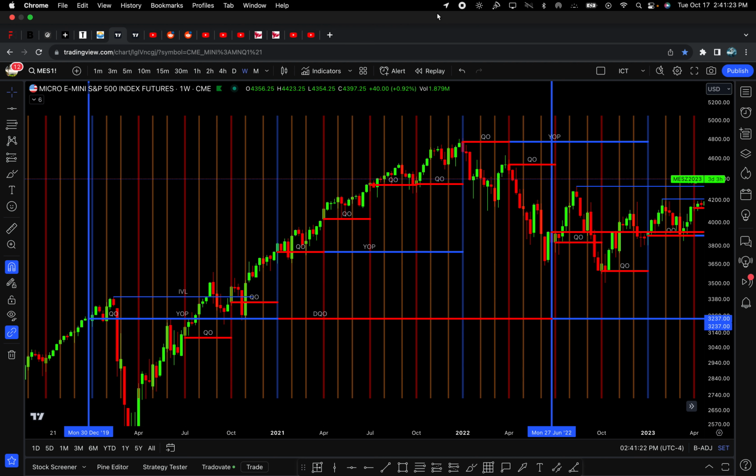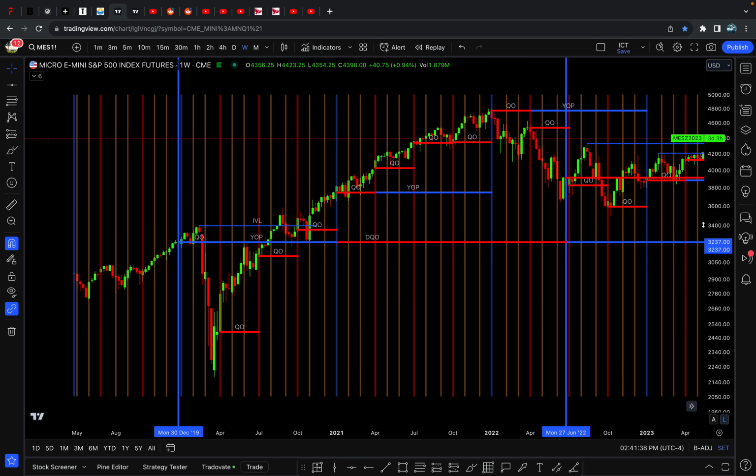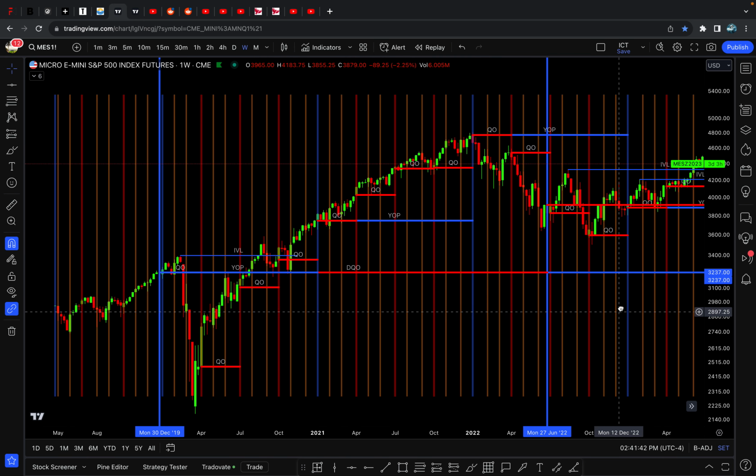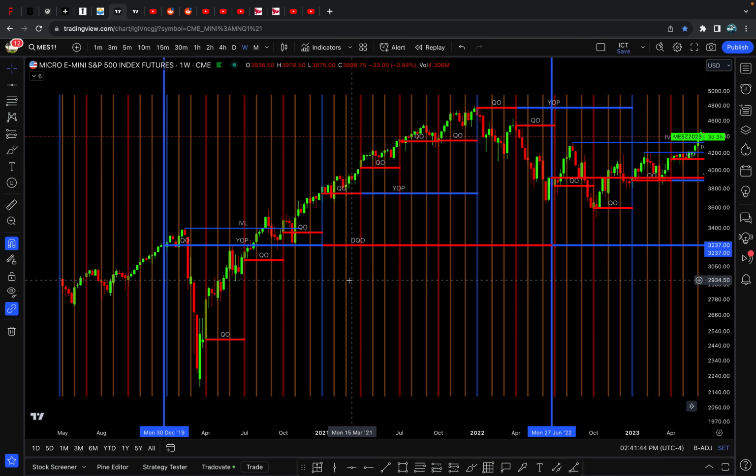So it's market structure, it's everything. People sometimes poo-poo candlesticks, depending on who you talk to. But anyway, let's keep moving.